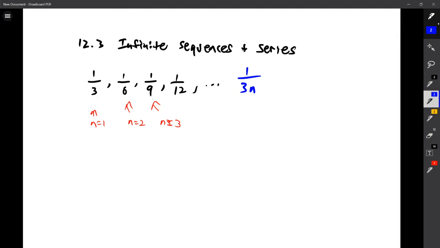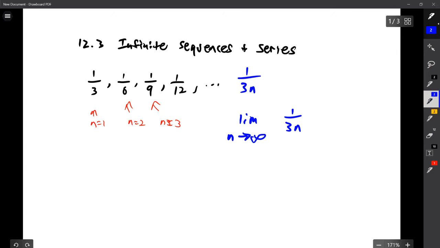If we're dealing with an infinite sequence, then we're asking: as we go farther and farther out, are the terms getting closer and closer to any particular value? The fancier mathematical way of saying that is we're finding the limit as n approaches infinity of, in this case, 1 over 3n.